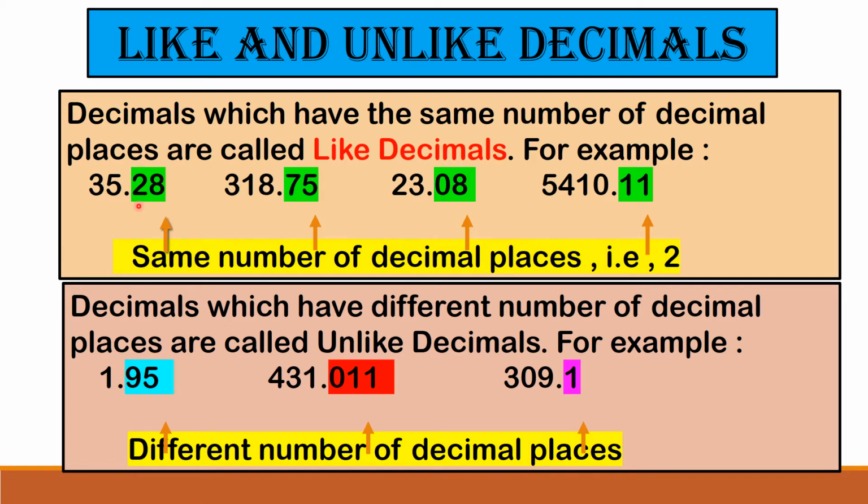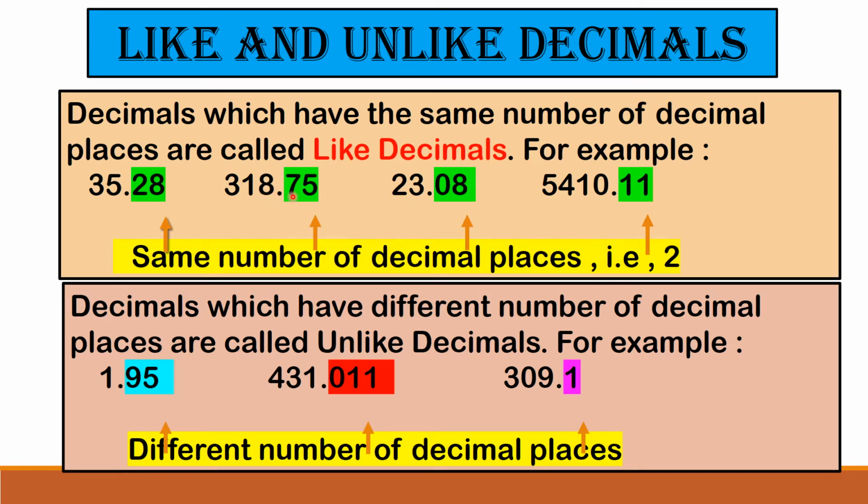If it is one digit, one decimal place. If there are two digits, two decimal places. Now in all these numbers, you can see 35.28, two decimal places, 318.75. You don't have to see how many digits are before the decimal. You have to just see the digits after the decimal, so that makes the decimal place.